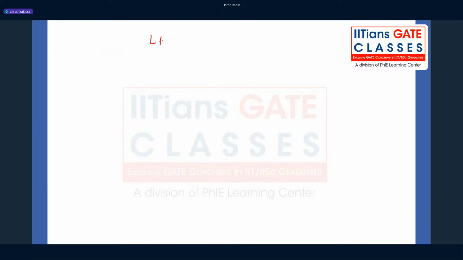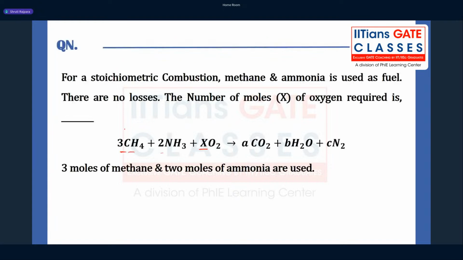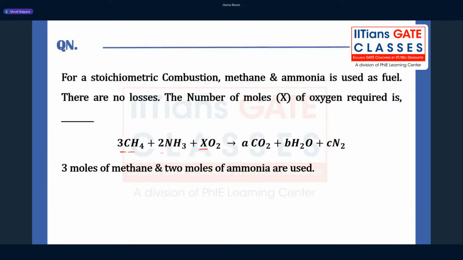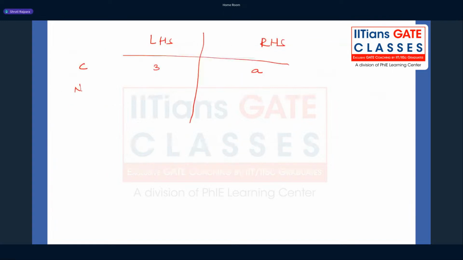So we'll try to write in the form of a table what they have given. For first carbon at LHS you find 3 moles, and at RHS it is A, whereas for nitrogen it is 2 moles, and in RHS it is 2C.